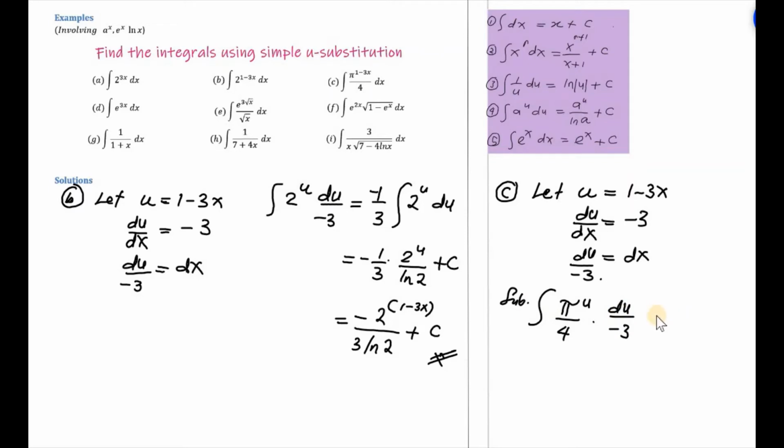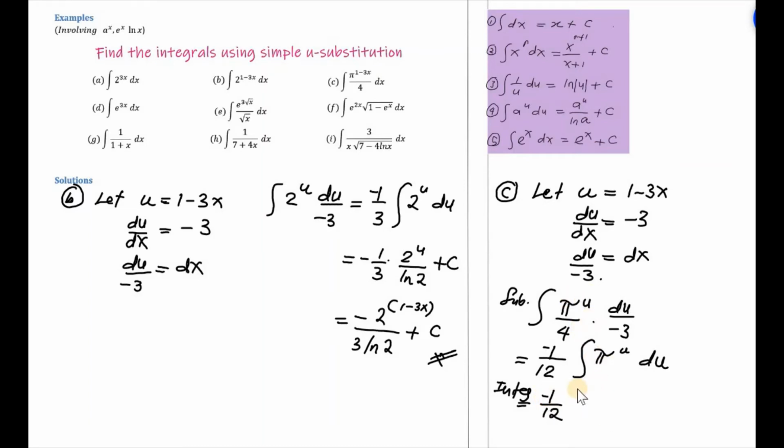Before you integrate, make sure you rearrange this first. Take out the constant, we put the constant in front. So we are left with a constant power u du, which you can easily integrate using formula number 4 again. It's a negative one.